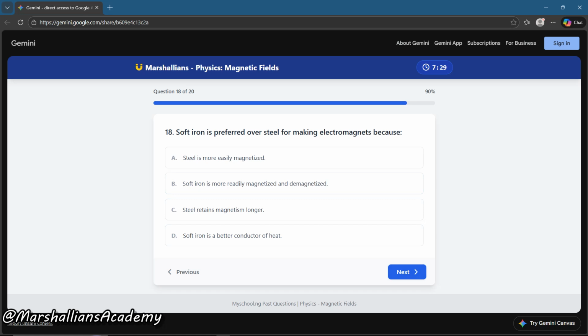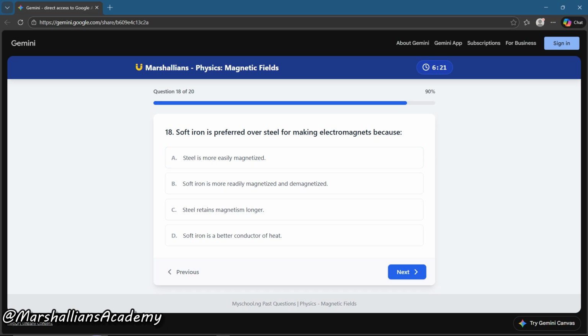I said soft iron is preferred over steel for making electromagnets because the truth is soft iron is more magnetized than steel. It is more preferable than steel, so it is the right answer here. Like I said, the right answer here is B. It gets magnetized faster than steel.